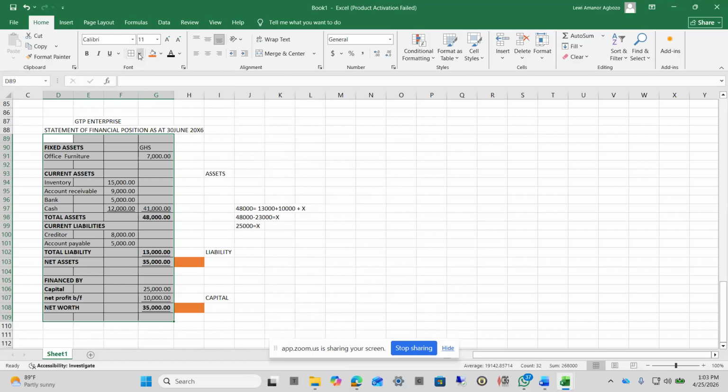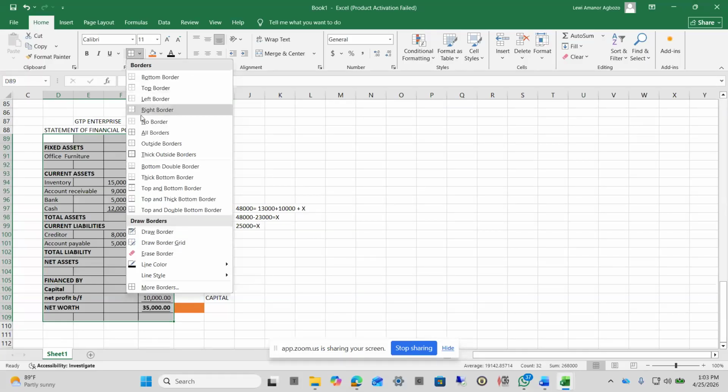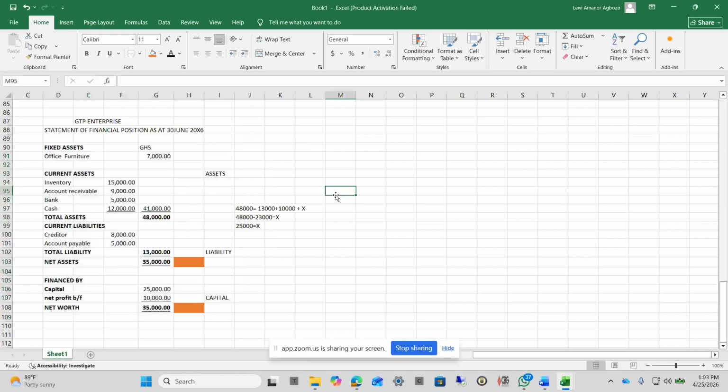All we want to do is show that this is the statement of financial position. This is what we were asked to do.